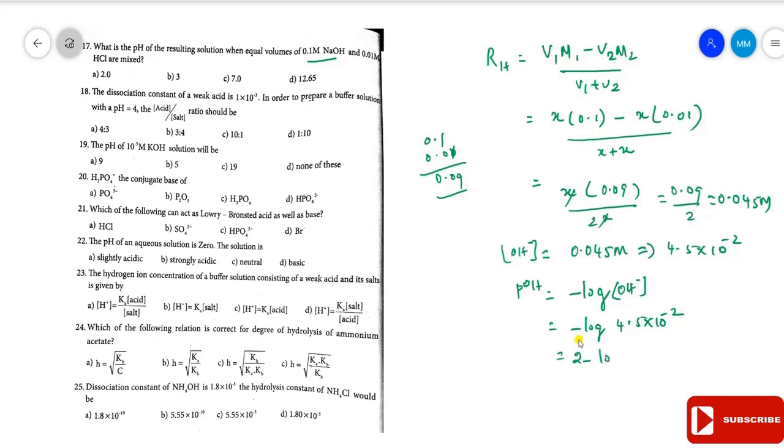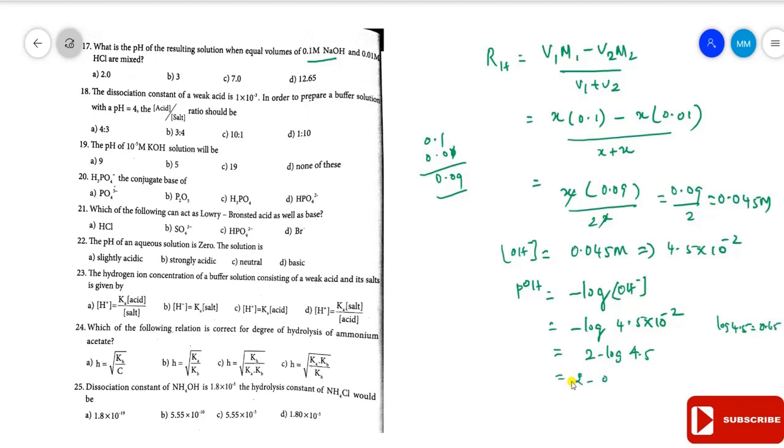This is equal to 2 minus log 4.5. Log 4.5 is equal to 0.65.